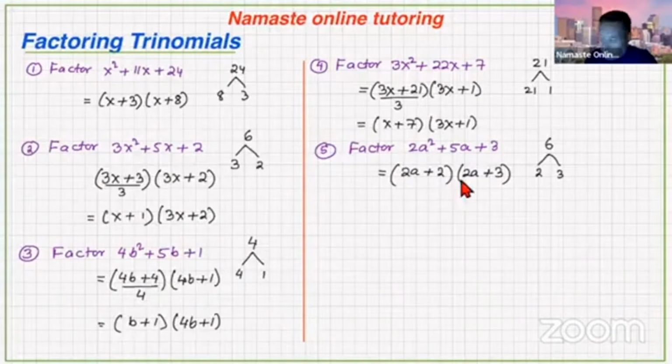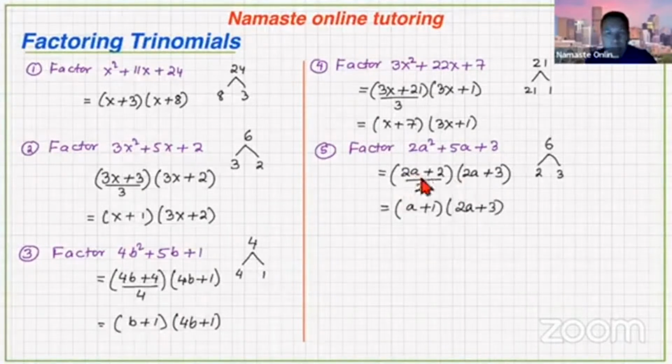So we divide it by 2. So this will be equal to a plus 1 times 2a plus 3. Because 2a over 2 is a and 2 over 2 is 1. So a plus 1 times 2a plus 3 are the factors of this trinomial.